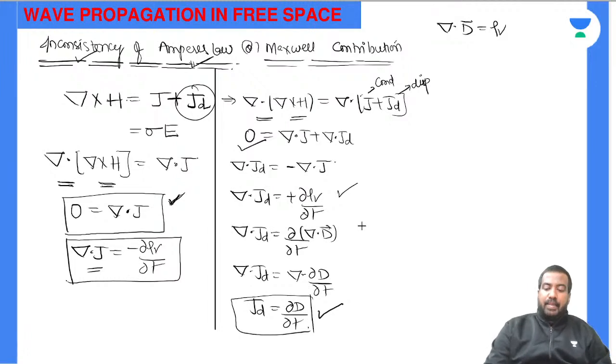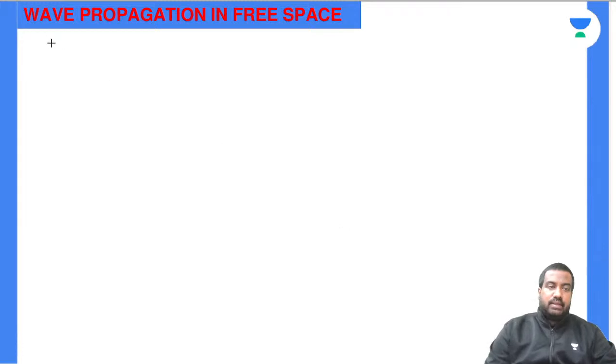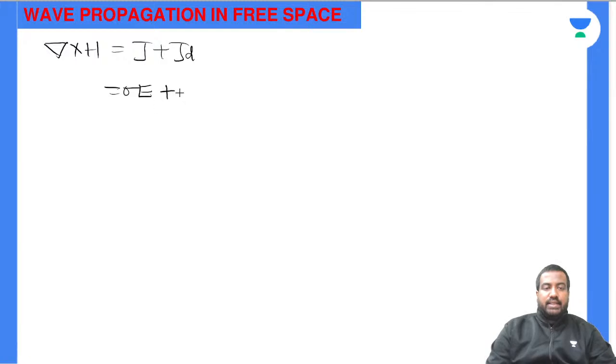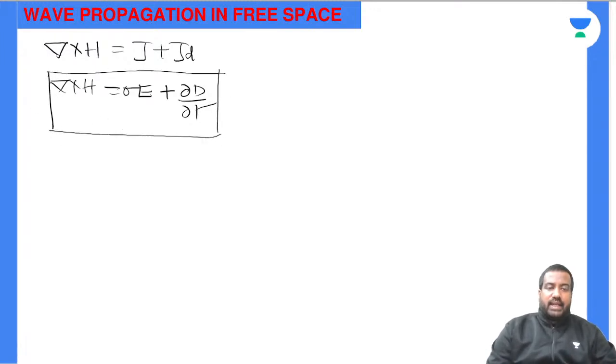That's why the modified equation is del cross H is equal to J plus JD, where J is conduction current density, sigma E, and JD is dou D by dou t, displacement current density. At any point, the current is the sum of conduction current density and displacement current density.